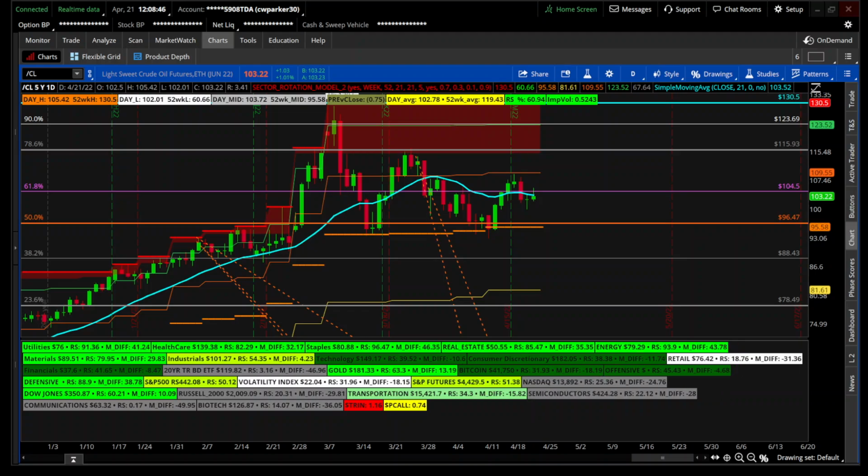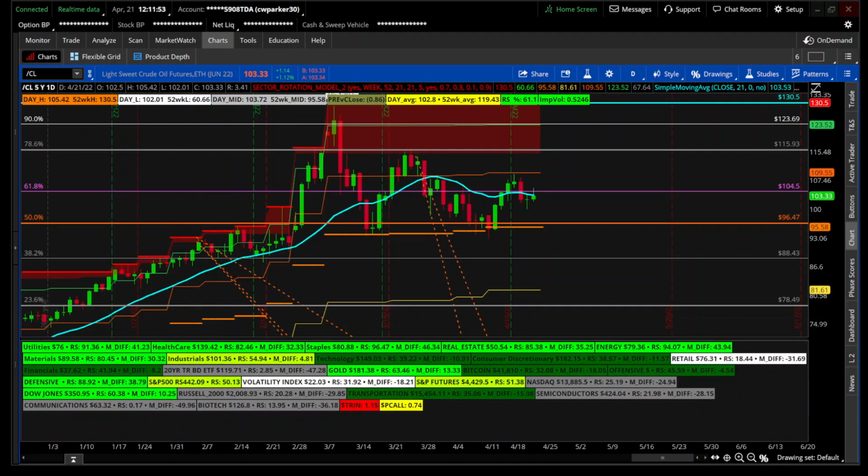So let me explain that one more time. If it is above 70, but its short average is not above its mid average, it'll be light green. If it's above 50 and the short average is above the mid average, then it'll be bright green. If it's below 70 and its short average is not above its mid average, it'll be this drab green color.